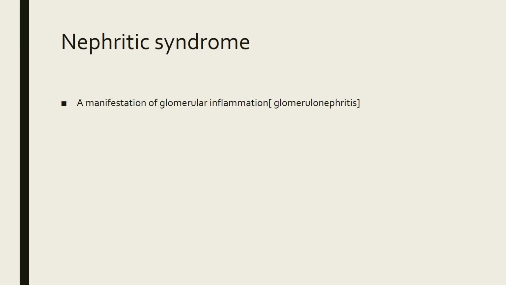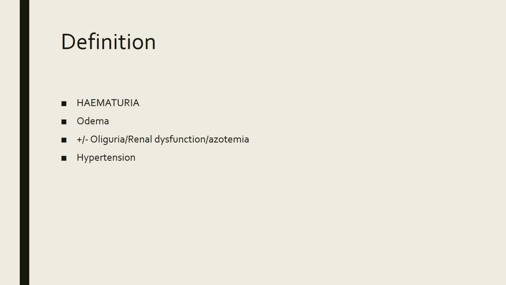So, the nephritic syndrome is a manifestation of inflammation going on at the level of the glomerulus. In other words, glomerulonephritis. By way of definition, we need to remember that it is not a disease, but a syndrome, meaning that we have a collection or a constellation of signs and symptoms that associate together but can have a varied causation or etiologies.